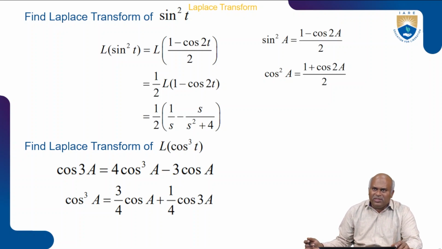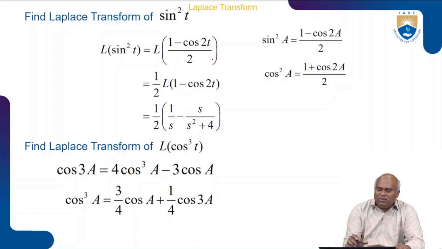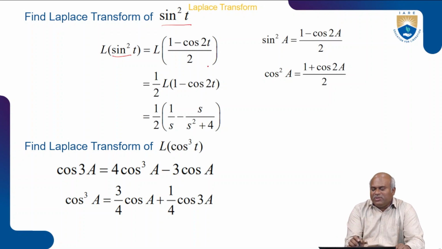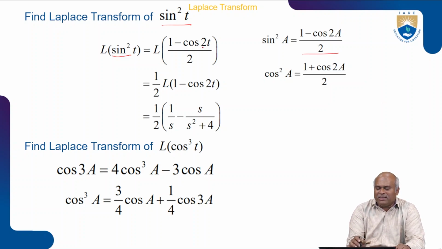You know sine square a is equal to 1 minus cos 2a divided by 2, and cos square a is equal to 1 plus cos 2a divided by 2, we know. So in the sine term of Laplace transform, I should substitute this formula. Laplace transform of 1 minus cos 2t divided by 2.